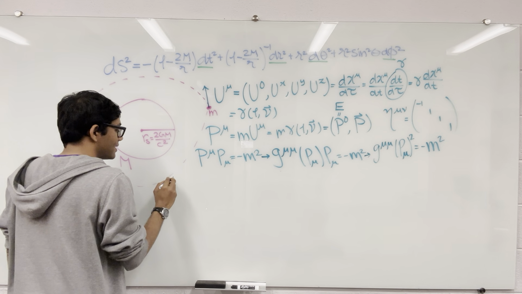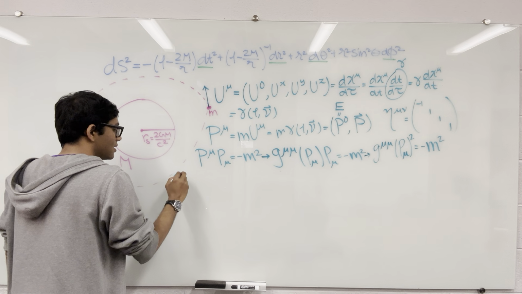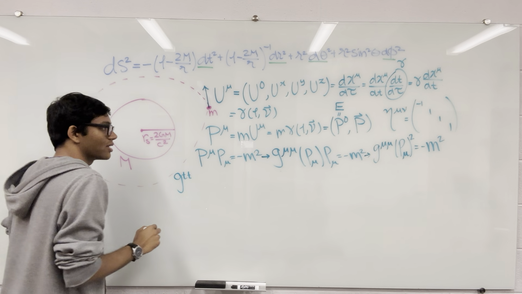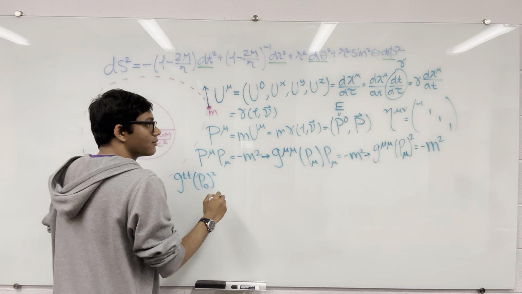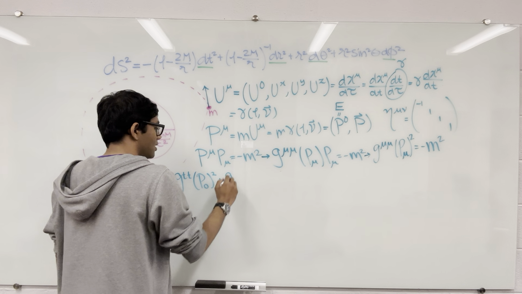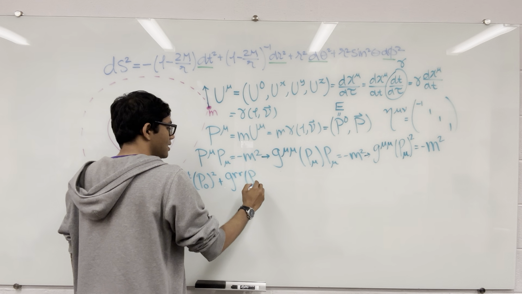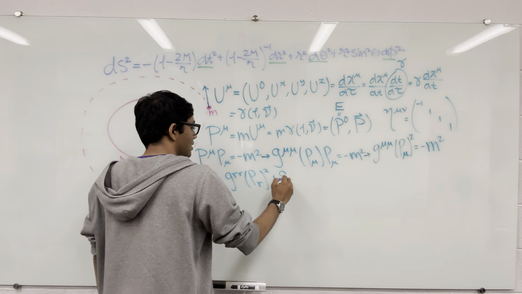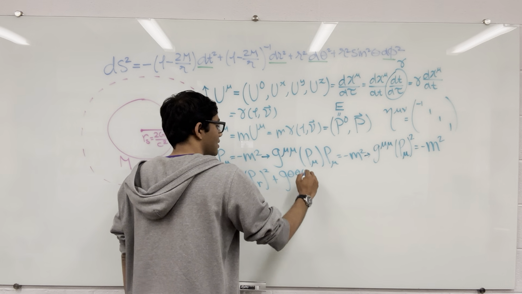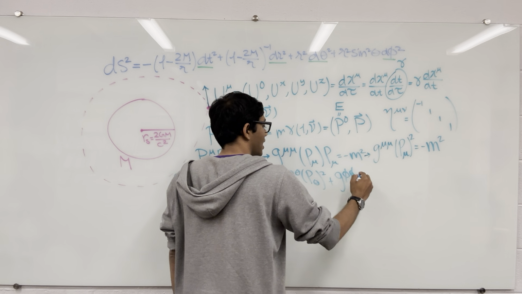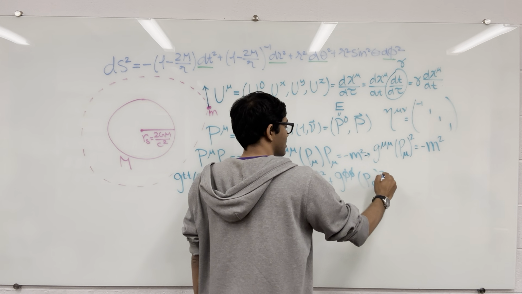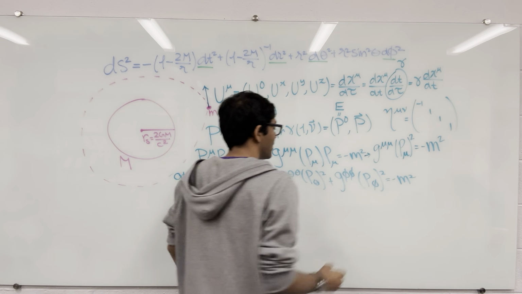So we're going to expand this as g^tt, the temporal component of the metric, times p_0 squared, plus g^rr p_r squared, plus g^θθ p_θ squared, plus g^φφ p_φ squared, is equal to -m squared.